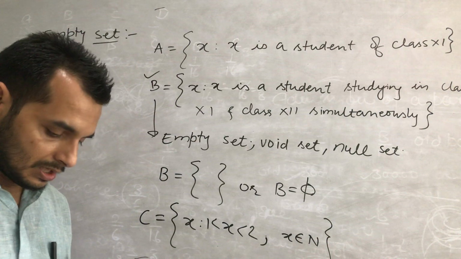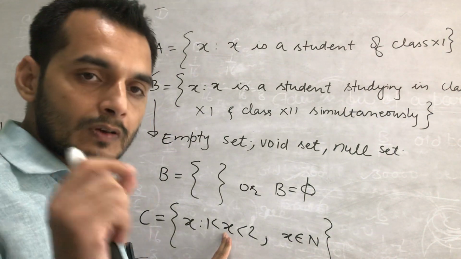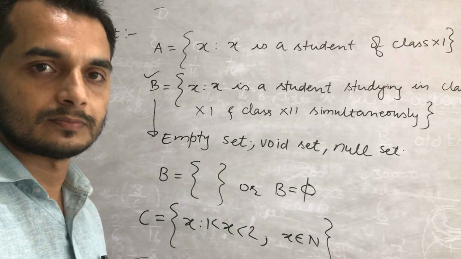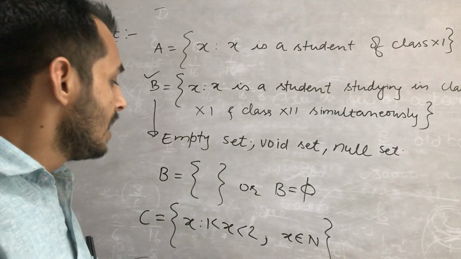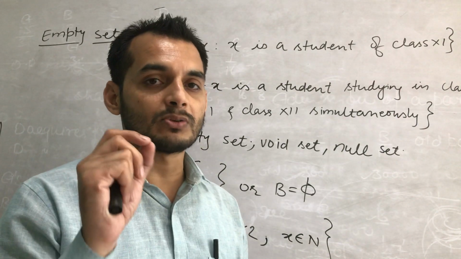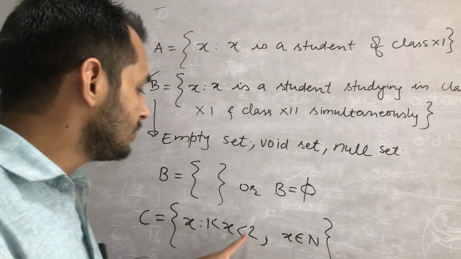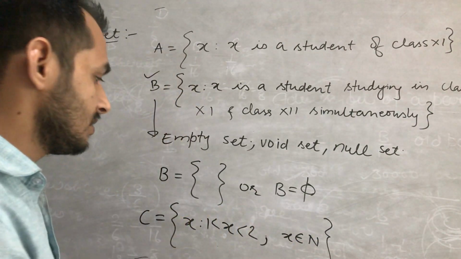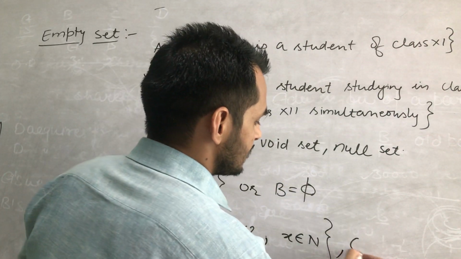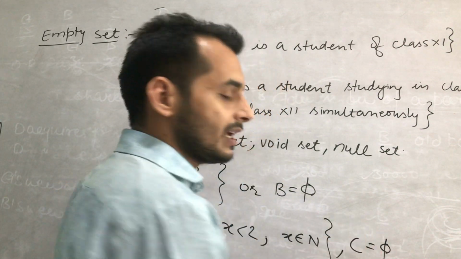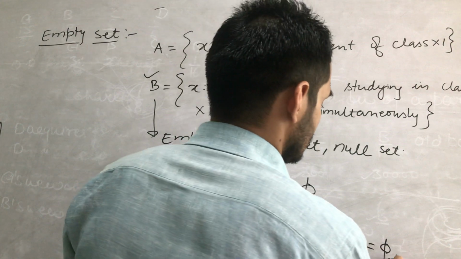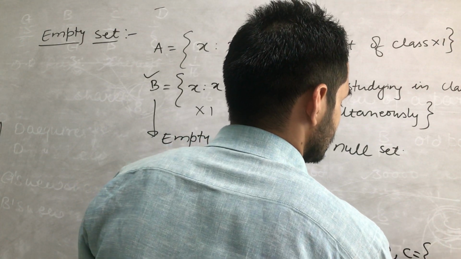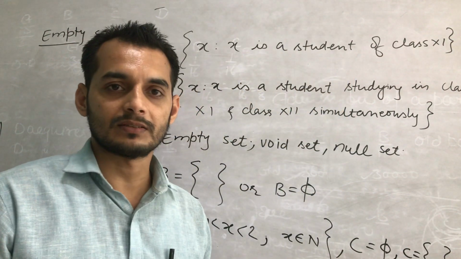Do you think there will be any x satisfying this condition? No, because there is no natural number between 1 and 2. So there will not be any element in this set. So I will say my C is phi, the empty set, or C equals this empty set.